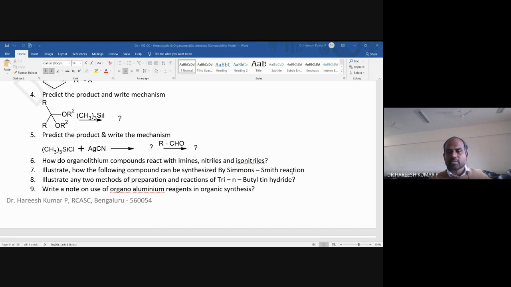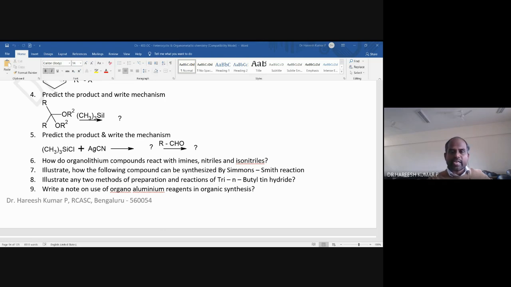You need to write the Simmons-Smith products here, and explain how they are obtained, more particularly the synthesis. So you just explain the Simmons-Smith reaction.